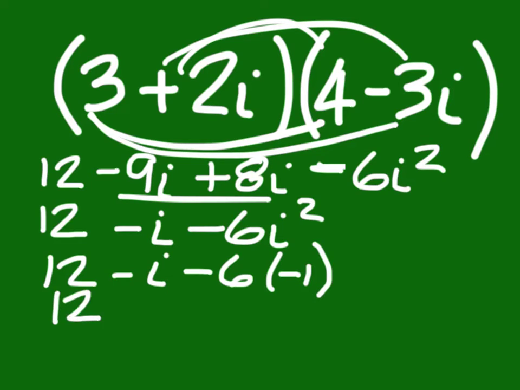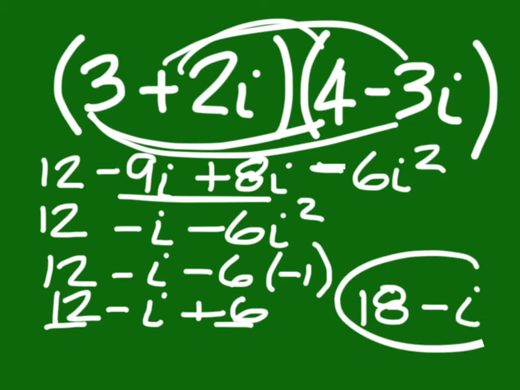So we'll go back. And negative 6 times negative 1 is plus 6. So we have 12 minus I plus 6. But you should simplify the 12 and the 6 to get 18. The 18 goes first or second? First. 18 minus I would be your final answer.